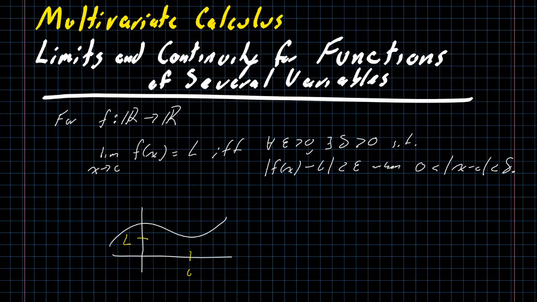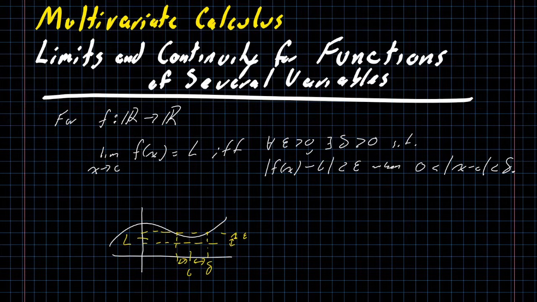We're looking at our y value, which is L. And we're picking some window, epsilon, above and below the value of L. And we're using that to set a window of delta to the left and to the right of c. And the claim is that we can always, if the limit exists, find a way to devise this box so that the function exits through the left and right of the box, not through the top or the bottom.